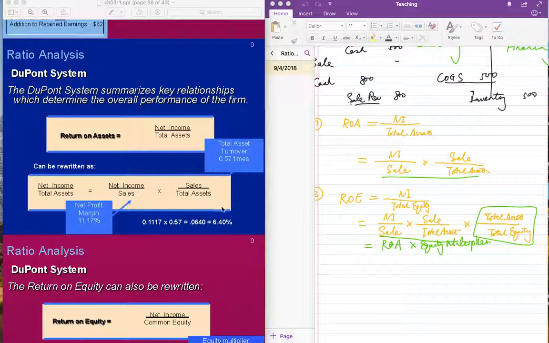You can think of, maybe from your marketing classes, how can you generate more sales? Or increase the efficiency of your fixed assets, so that one machine used to be able to generate $100 of sales, now it can generate $1,000 of sales. So anyway, you can improve on the efficiency in generating sales.